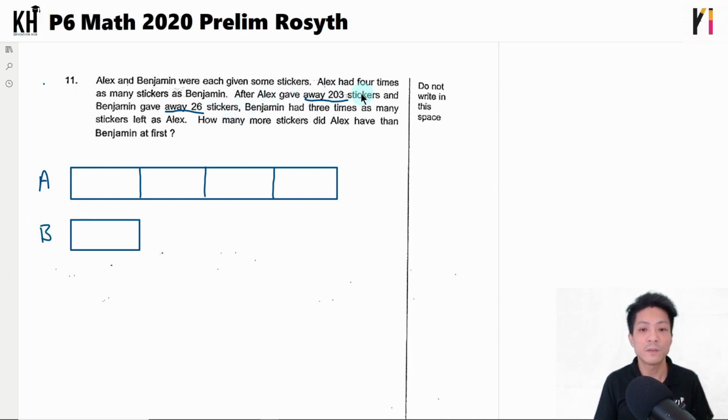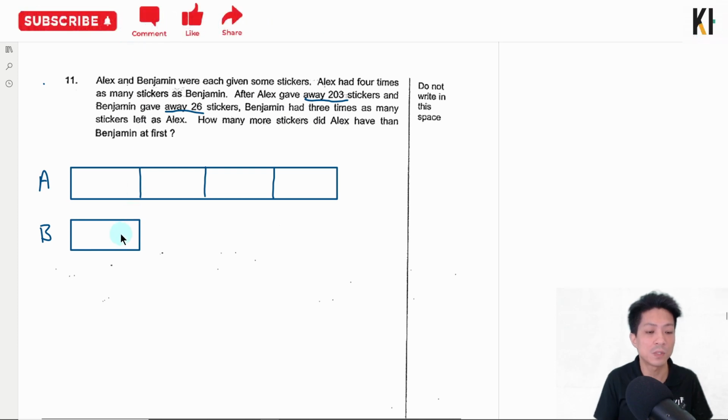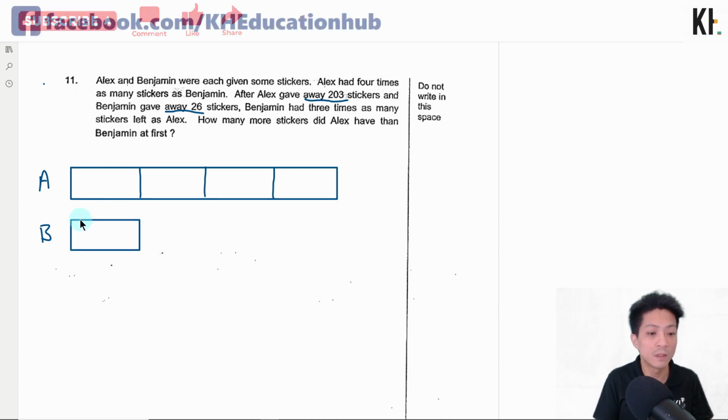After Alex gave away 203 stickers and Benjamin gave away 26 stickers, Benjamin had 3 times as many stickers left as Alex. So I'm going to draw out the 3 times, a bit smaller so that they will not be the same.